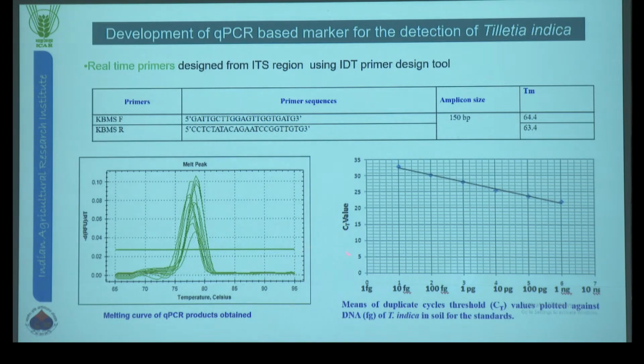Again I am repeating, if up to 1 nanogram of DNA is present in any tissue or soil, it can be amplified. But in PCR, maybe sometimes 1 femtogram or 10 femtogram, up to that we can detect. The DNA quantity we can detect is the important thing.